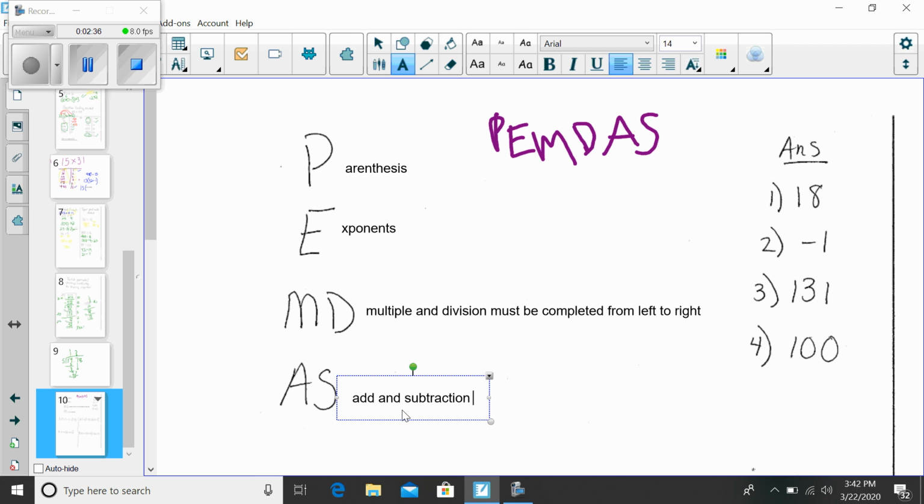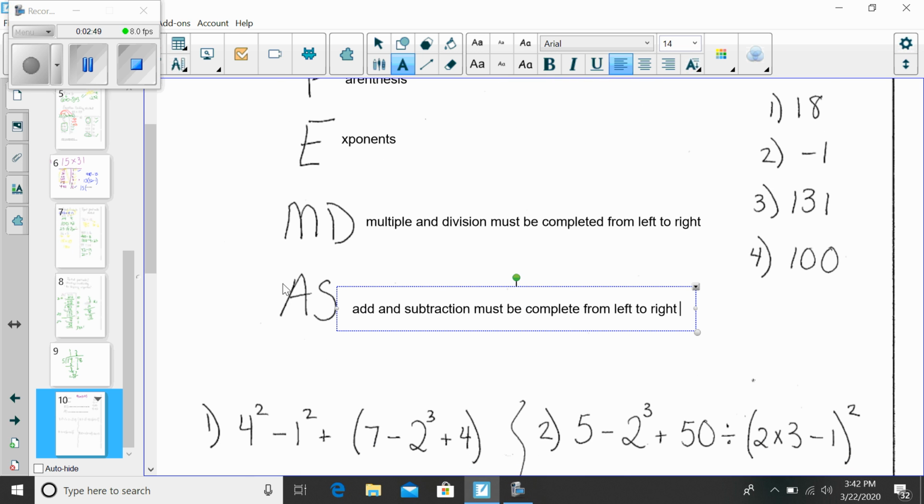So anyway, addition and subtraction must be completed from left to right. So I have no intention of allowing any of you to escape from my class unless you understand that adding doesn't come before subtracting, right? They go in the order that they occur from left to right.